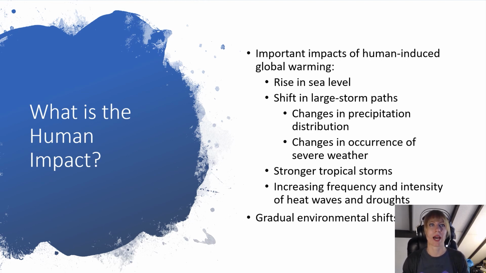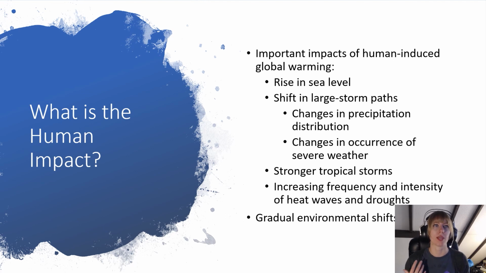We have shifts in large storm paths. Changes in precipitation and distribution of said precipitation, changes in occurrence of severe weather, like where it's impacting, stronger tropical storms increasing. So, for example, hurricanes are getting stronger. Yes, we've had a lot more devastating levels of hurricanes in the past, like 10 years, than we have before.